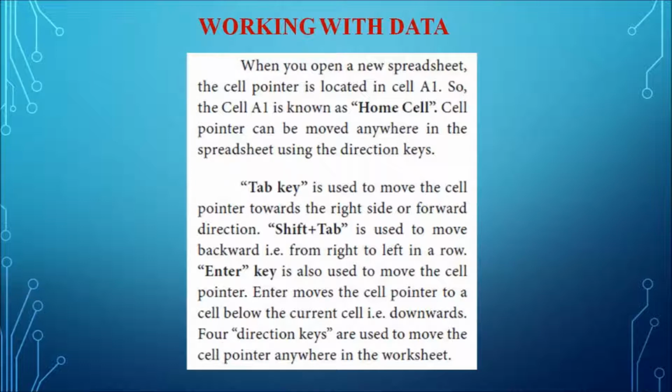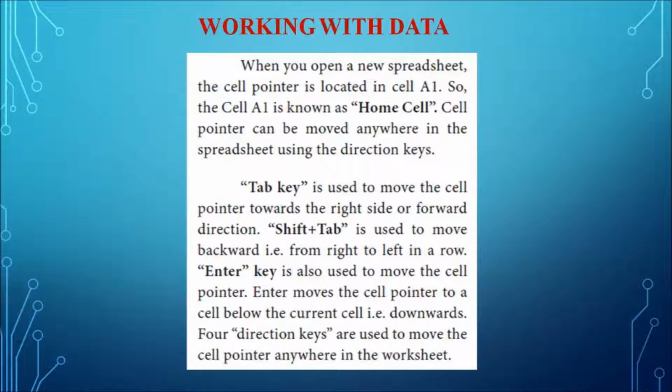We call cell A1 the home cell, and the cell pointer can easily be moved with the help of the arrow keys, or just by clicking with the mouse. These are the ways to move the cell pointer.